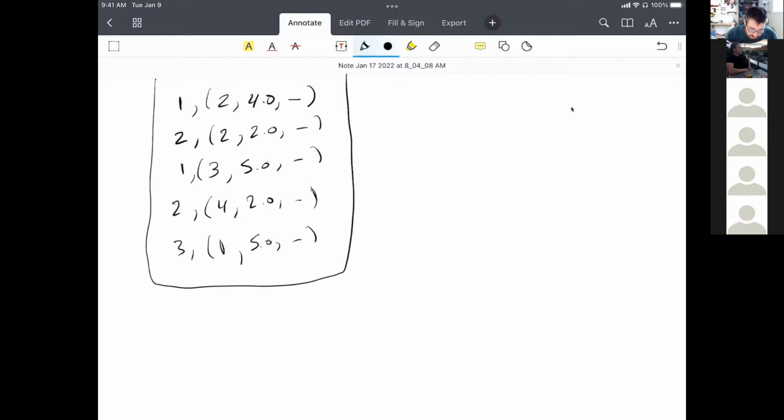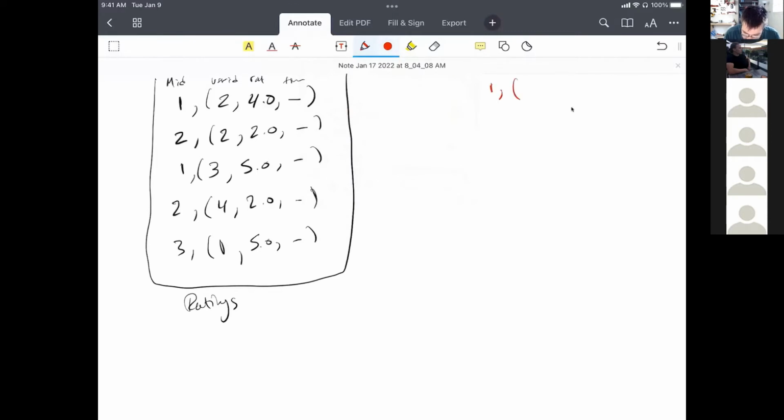So this is how we transformed our ratings RDD. We have the movie ID, the user ID, the rating, and the timestamp. Now, in the other RDD, we have the movie and the name of the movie.